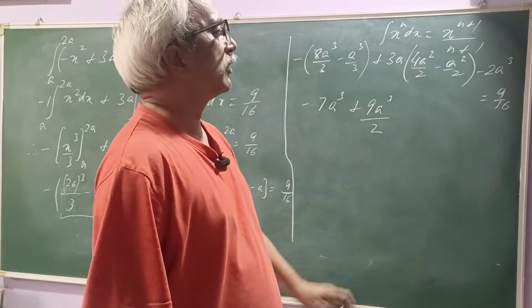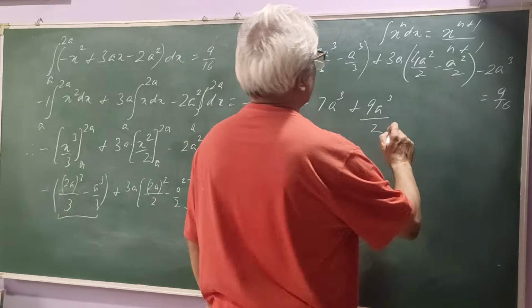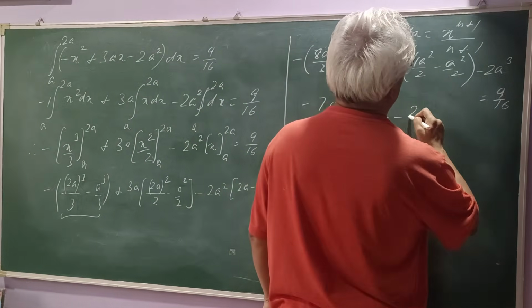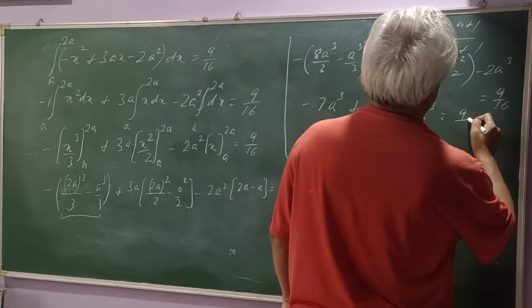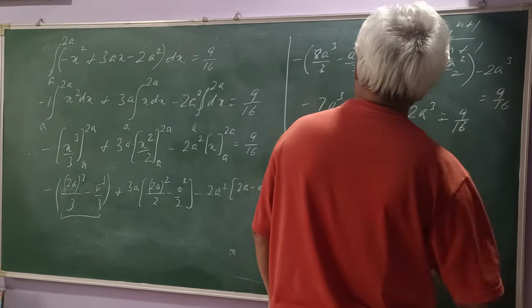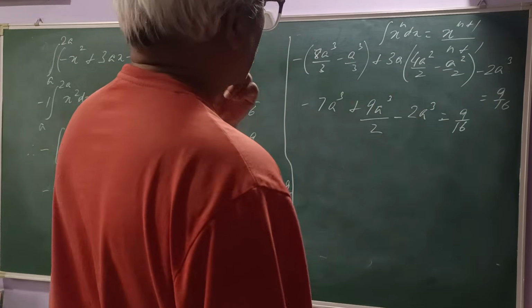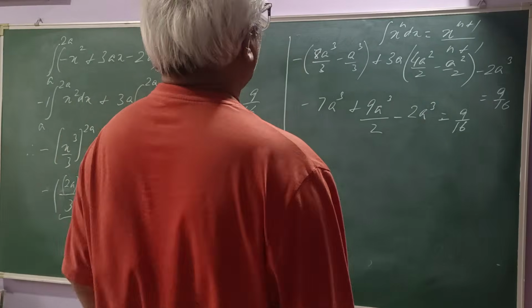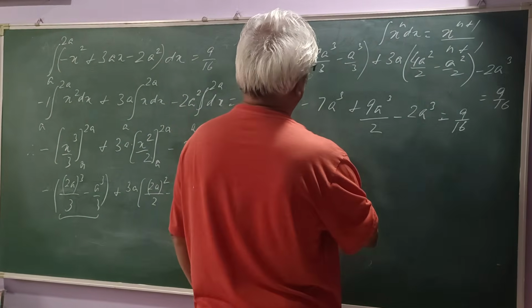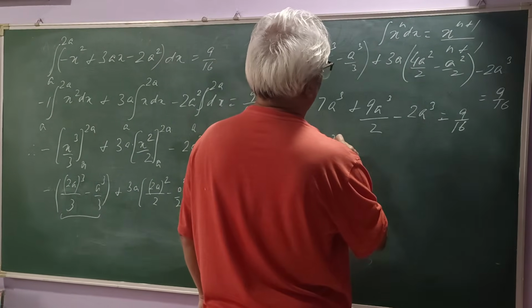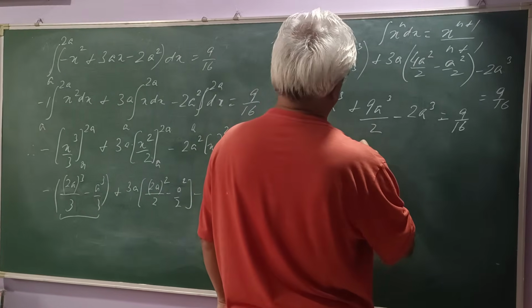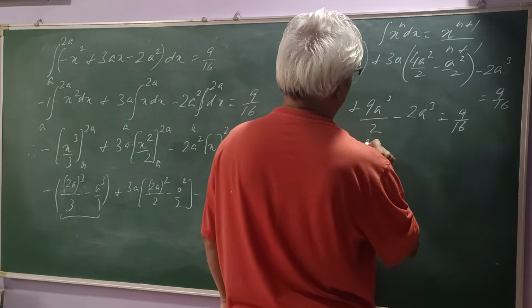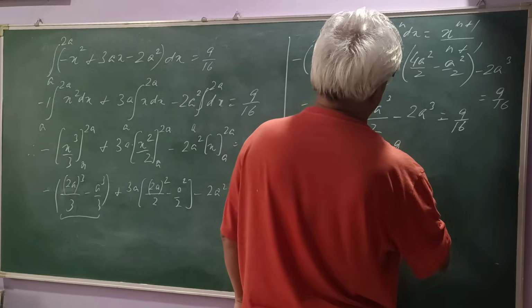So 9a cube over 2 minus 2a cube, equals 9 over 16. So I have 9a cube over 2 minus 9a cube, that's equal to 9 over 16.